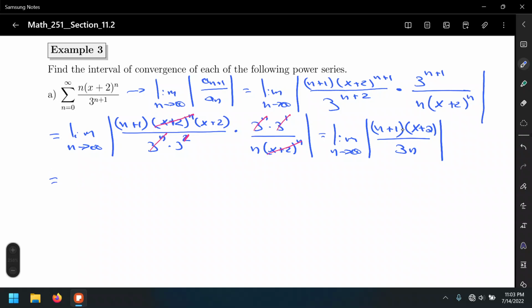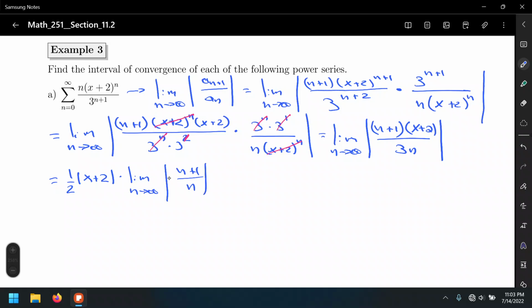But because x can be any value, if we want to find that interval of convergence, we need to keep these absolute value bars. And this 3 right here, we can write outside. Then we're going to be left with the limit as n approaches infinity of the absolute value of n plus 1 over n.